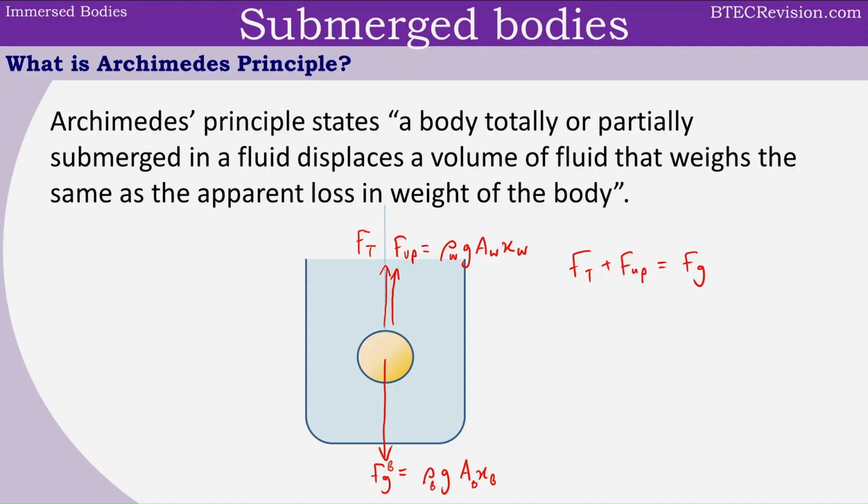And the area times the height is simply equal to the volume, so we can rewrite this as rho of the water times g times the volume of the water, and for the ball, we can write rho of the ball times g times the volume of the ball.